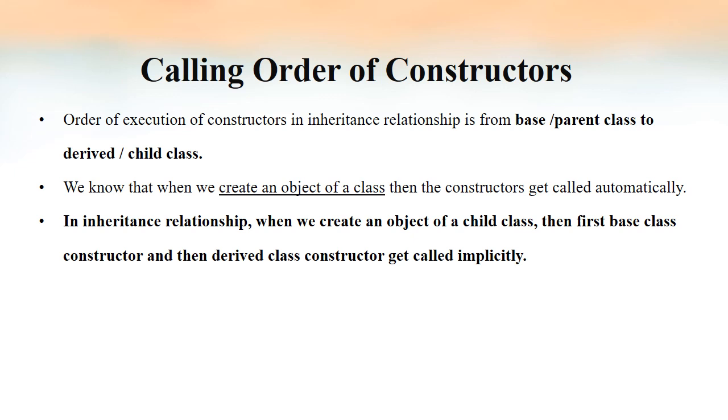Even if it is multi-level inheritance, if a class is at the bottom level, the first constructor invoked would be the constructor of the grandparent, then the parent, and then the child class. We will see some examples based on this.